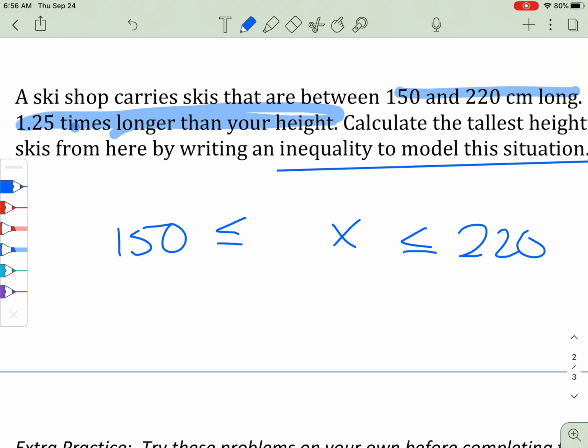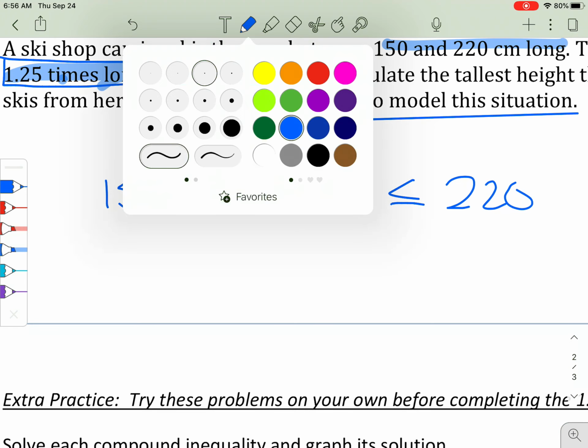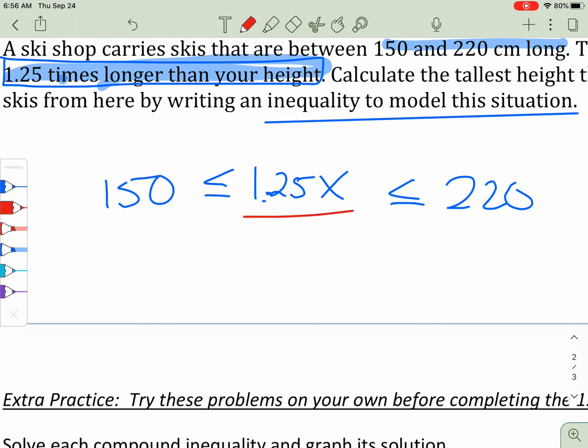Now, in here, we have x, but it says 1.25 times longer than that. So this is 1.25 times x. Okay, so now we're going to divide, solve for x, and again, since it's two inequalities, we're going to do this.